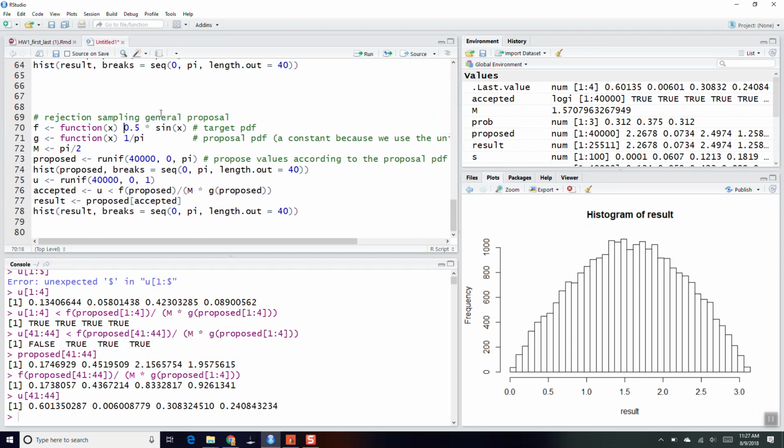Okay, so my f of x is 2 times 1 divided by the square root of 2 times pi times e to the negative x squared over 2. This is my target PDF. And the g of x is e to the negative x.